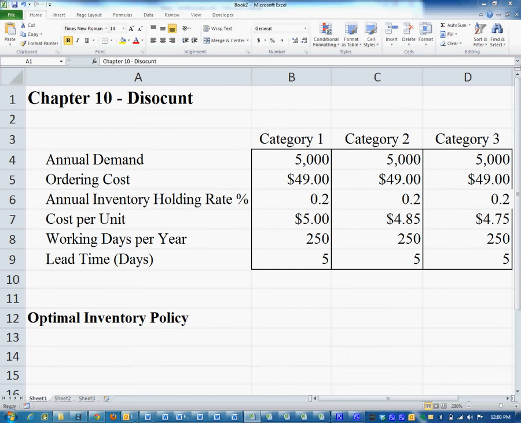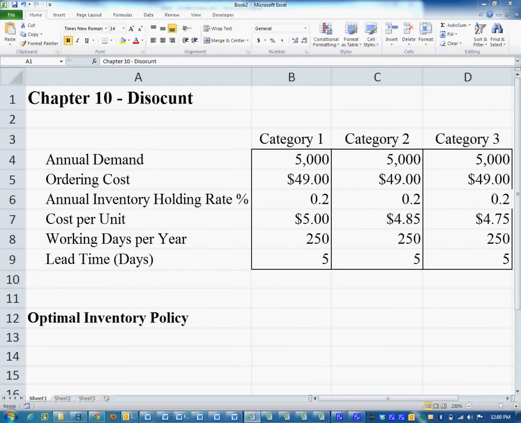The problem goes on to say the 5% discount for the 2,500 unit minimum order quantity looks tempting. However, realizing the higher order quantities result in higher inventory holding costs, we should prepare a thorough cost analysis before deciding. So of course you can buy in bulk, but it's kind of like buying all that stuff at Costco. If you don't have the space in your house, you don't want to buy a bigger house to hold the low price Costco stuff.